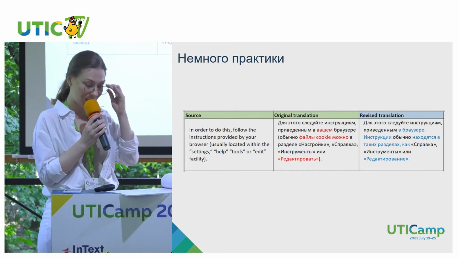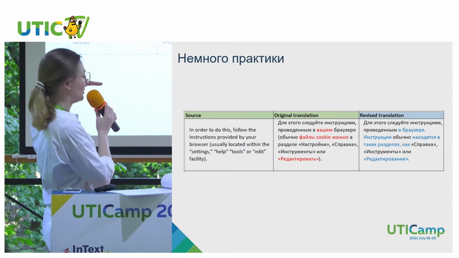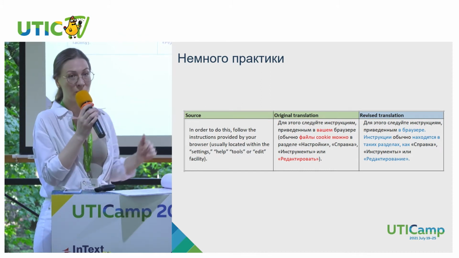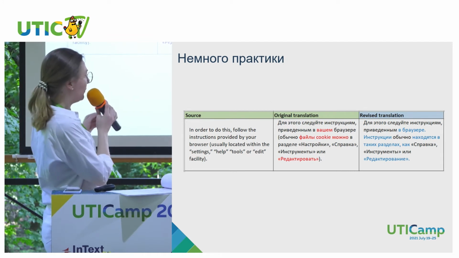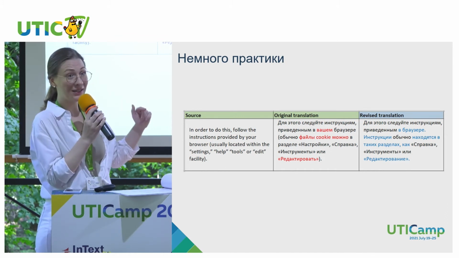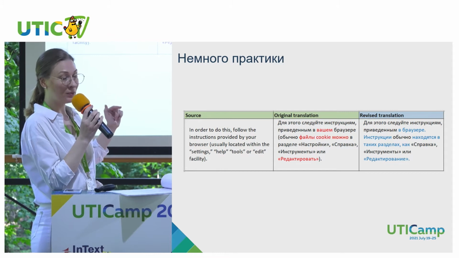And we have another stylistic error. As you can see in the original translation, we have one sentence and words between the brackets. So the translation completely mimics the syntax of the original text.